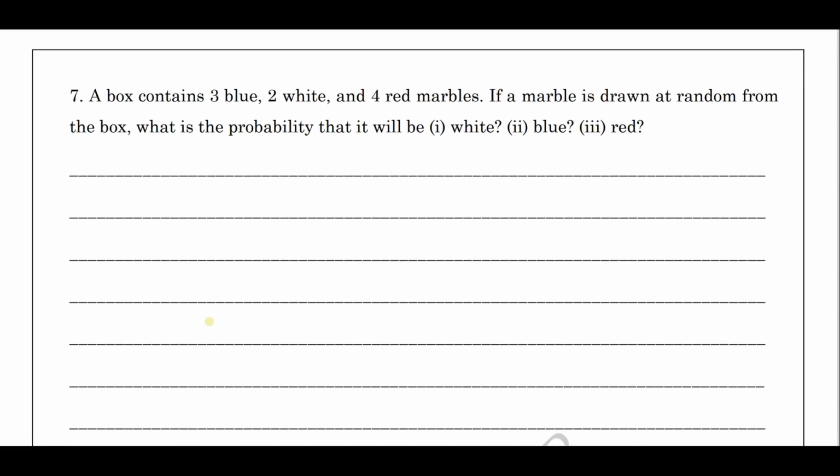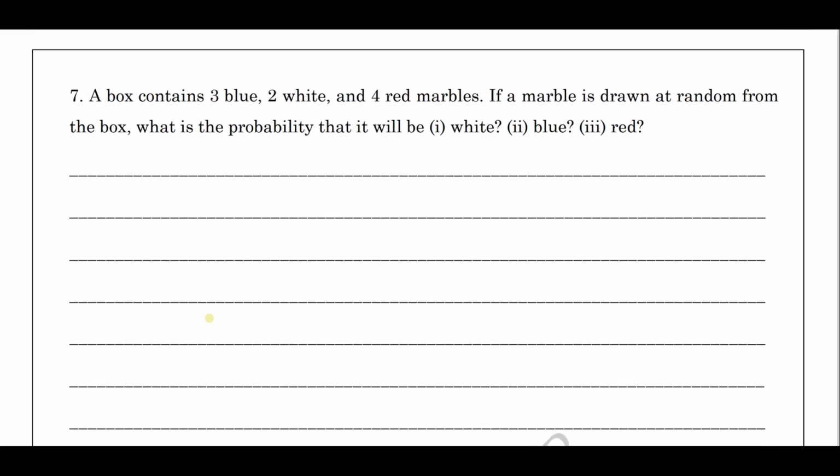Next, simple questions from the unit probability. Probability of any event is given by the formula P of A equals N of A by N of S. Now you should know the sample space, that is S. Here a box contains 3 blue, 2 white and 4 red marbles. Now how many total number of marbles are there?